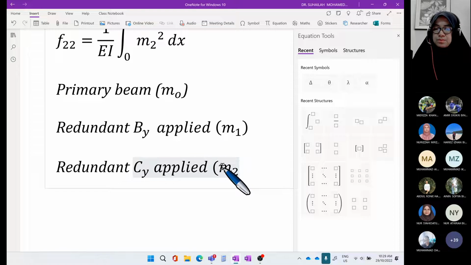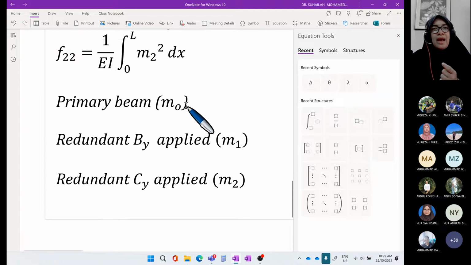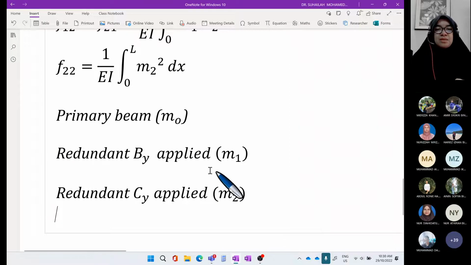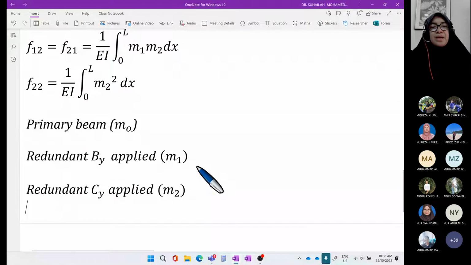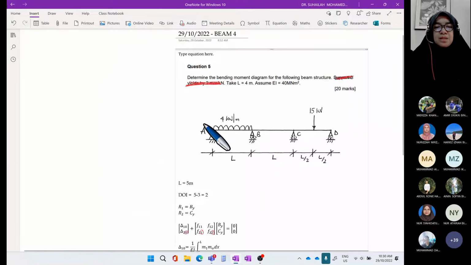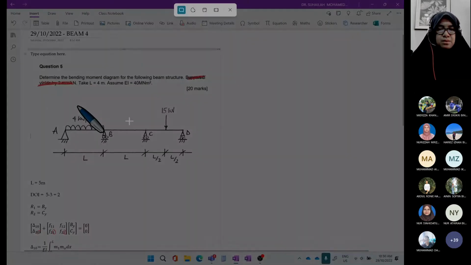So we have the primary beam for M0, redundant BY applied as redundant number 1, M1, and redundant CY applied as M2. In these three systems, we have to analyze a simply supported beam.